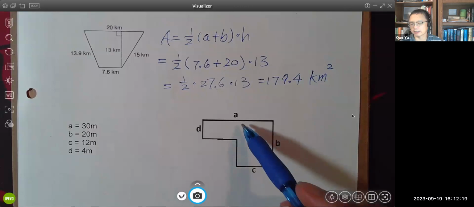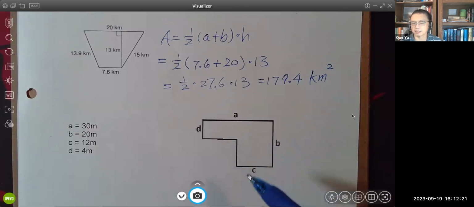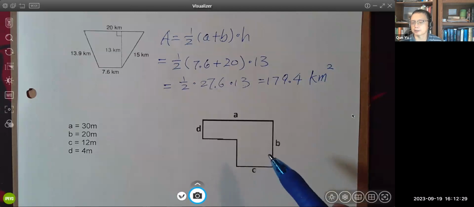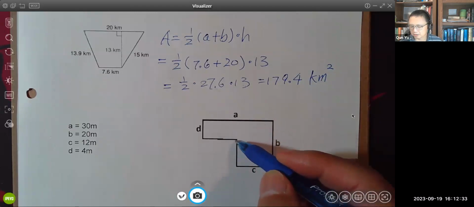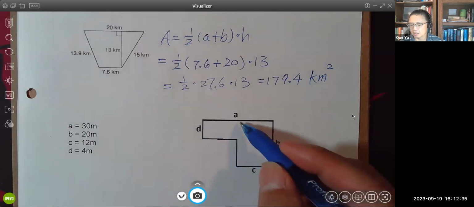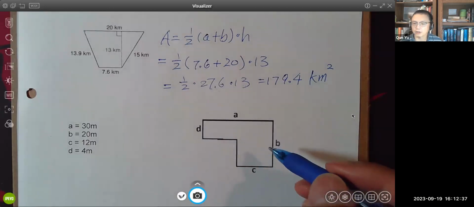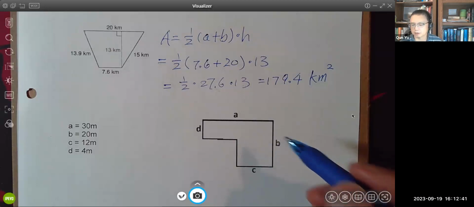You want to divide this figure into different components, so that each component is a regular shape where you can apply a formula. For example, I can imagine a line in here so that I have a small rectangle and a bigger rectangle. We calculate the areas of these two rectangles, then we add them together afterwards.